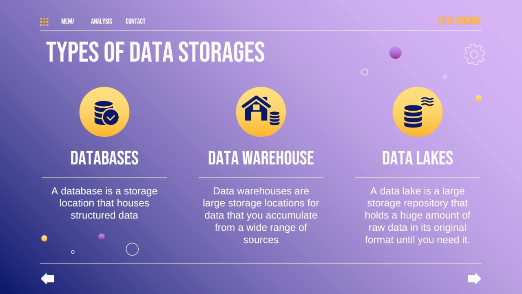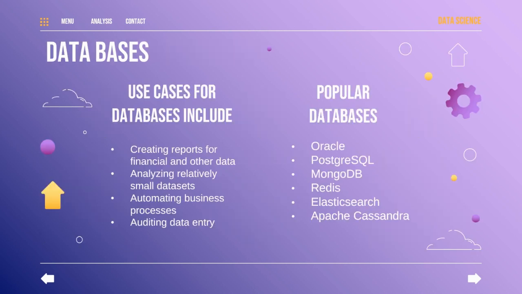We can store a huge number of data, and format them when we need them, and how we need them, using the raw data sources. For example, the data lake stores both structured and unstructured data. The data warehouses store the structured data. And here are the databases.